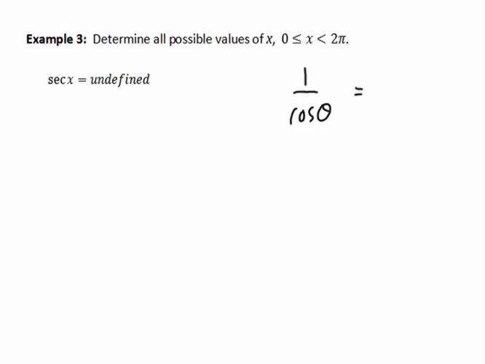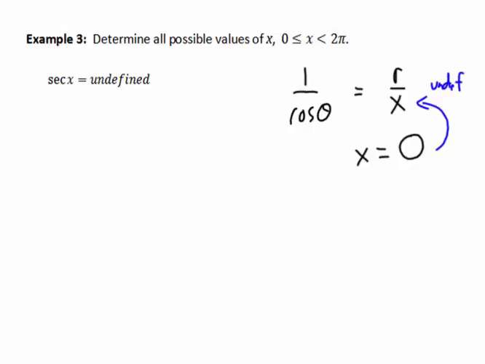So 1 over cos theta is r over x. And we want to find out where this is undefined. Well, for this to be undefined, again, our x coordinate must equal 0. That's going to put a 0 in the denominator and make this undefined.